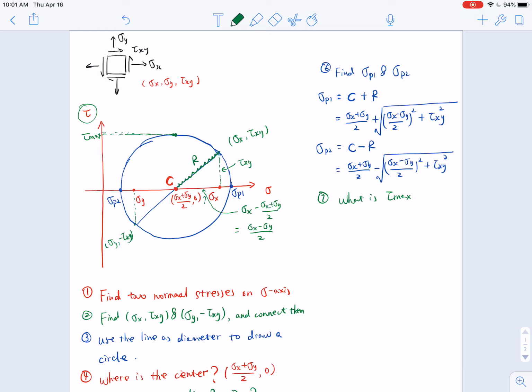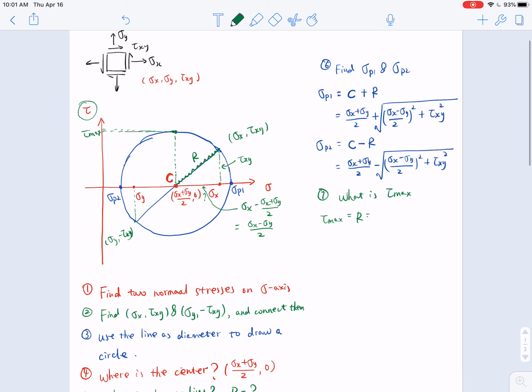So it's easy to determine. Actually, the tau max here just equals R, and this is just the radius. It equals the square root of sigma x minus sigma y over 2 squared plus tau xy squared.